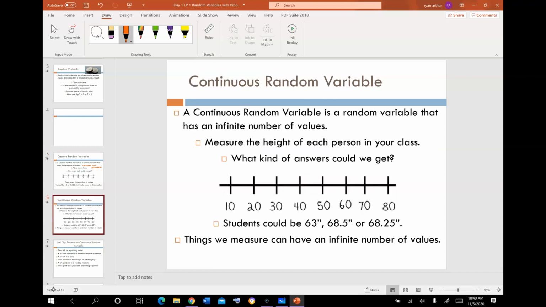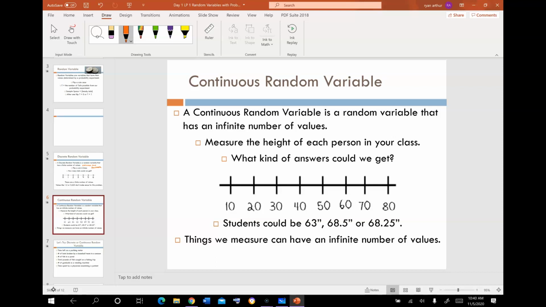All right. Continuous random variable. A continuous random variable is a random variable that has an infinite number of values. It means that the numbers just keep going on and on and on. The one example I like to give, because you really don't think about it, I didn't actually think about it until I started teaching statistics as a high school teacher, is this: how many numbers are between the numbers 1 and 2?